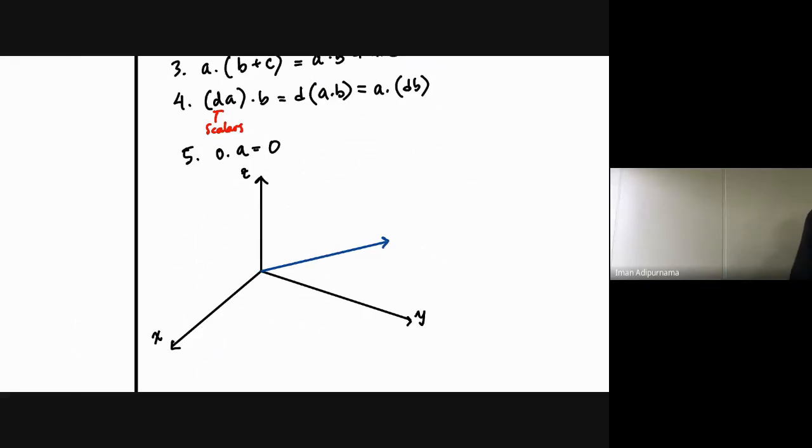Let's say this is A. We start from origin. This is point A. And then we also have the other vector. Let's say this is B, vector B.